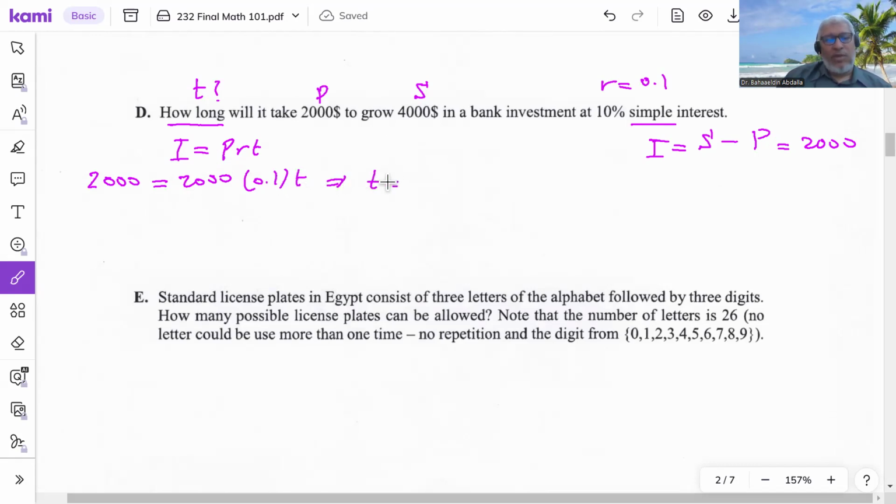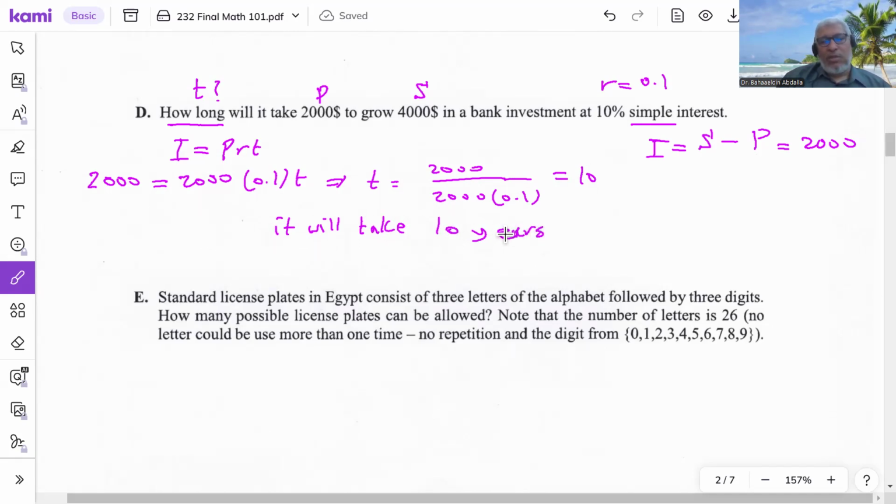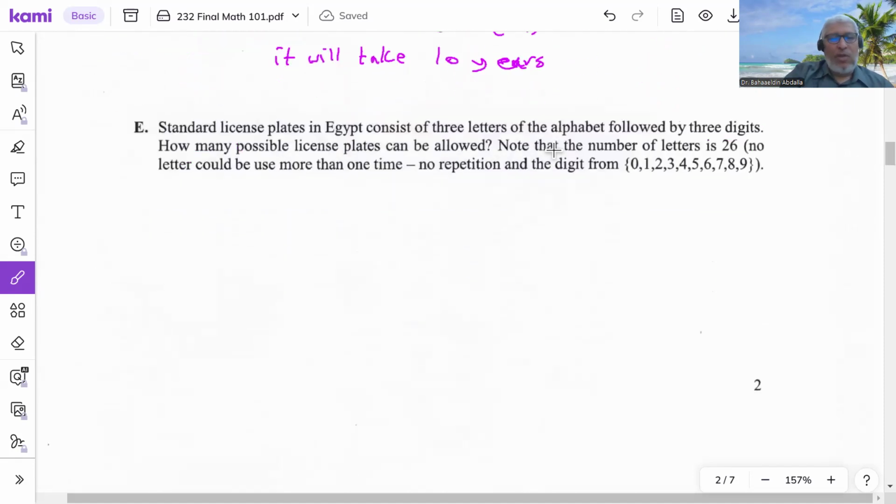So t would be 2,000 divided by 2,000 times 0.1. And this would be 10. So how long? 10 years. It will take 10 years. 2,000 will take 10 years to grow to 4,000 under these conditions.